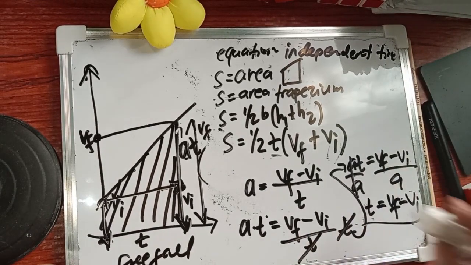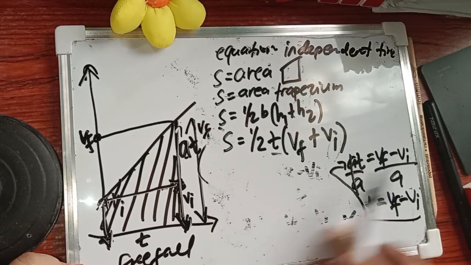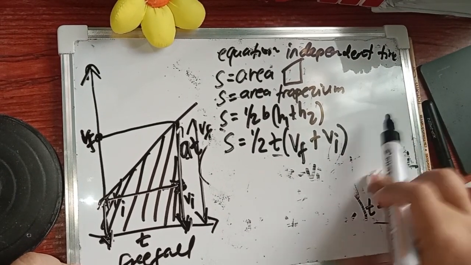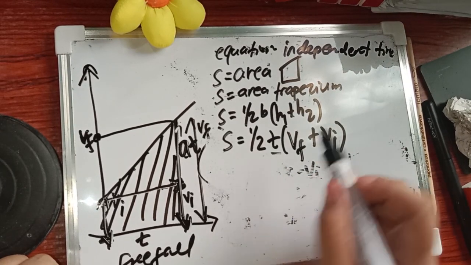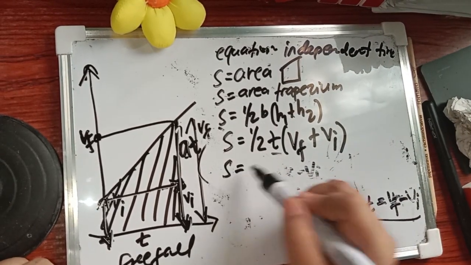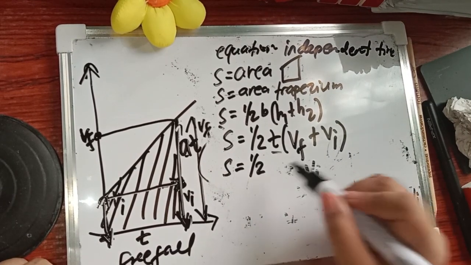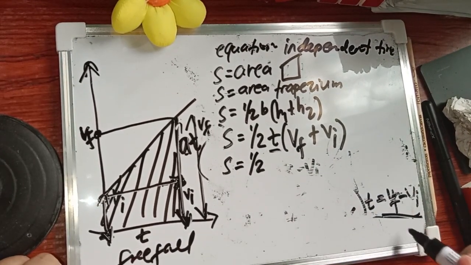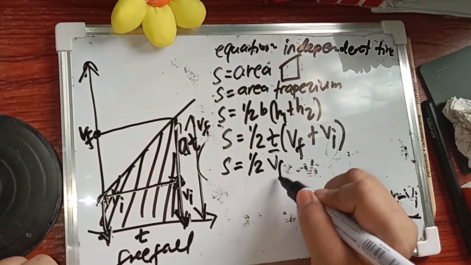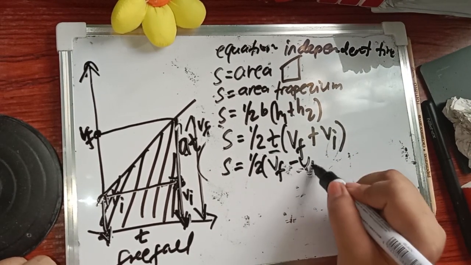Now, substituting that, rewrite s equals 1 half, and the value of the t here is this one, v sub f minus v sub i over a.